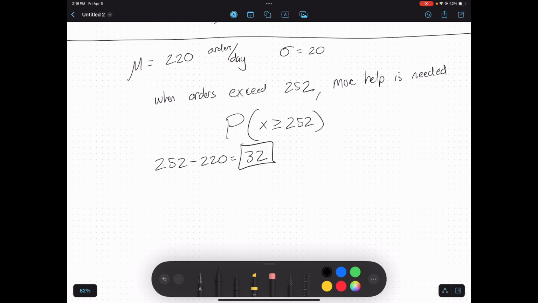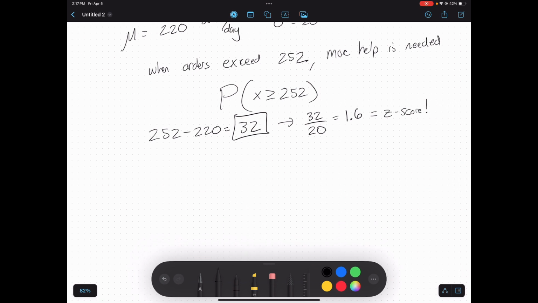But the z-score isn't just how far away it is, it's how many standard deviations away it is. So, how many standard deviations is 32? Well, I can find that by just taking this number and dividing it by the standard deviation. And I get 1.6. This tells me I'm 1.6 standard deviations away. This is my z-score.